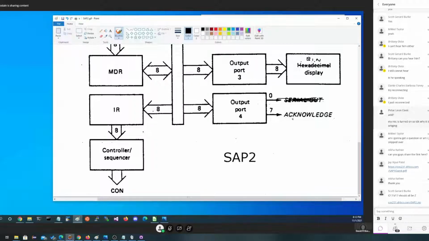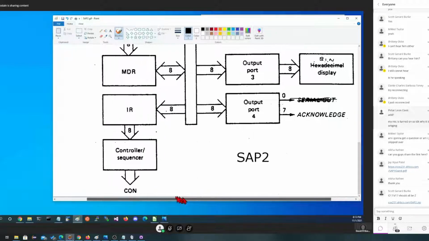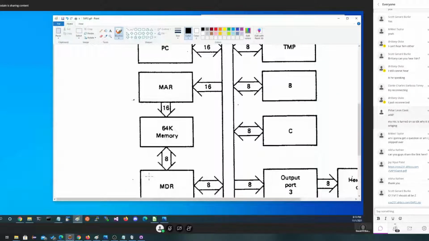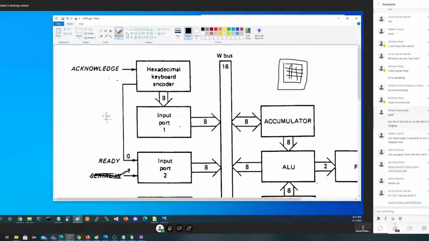Now, when I write the acknowledge bit, the system pulses it on and then off, which means this pin right here on the hexadecimal encoder sees a signal go on and then off. The moment it sees that go on and off, it resets the ready bit and then unlocks the keypad so that a user could type another key.